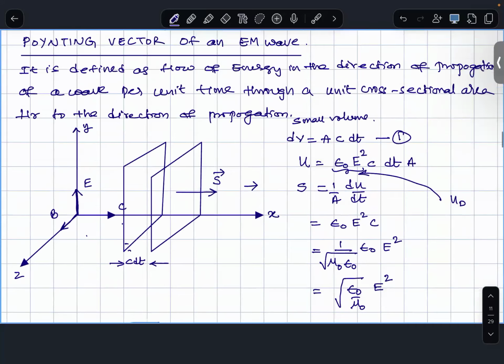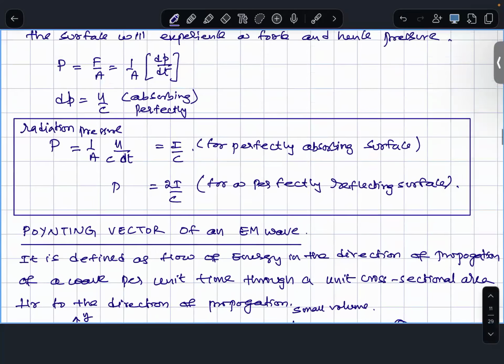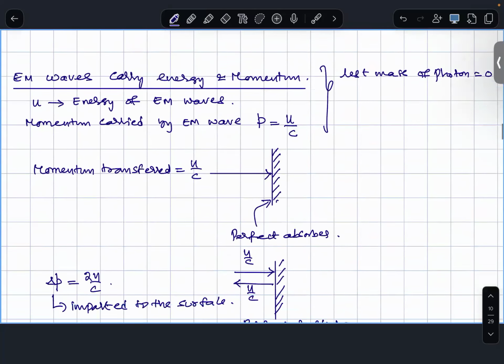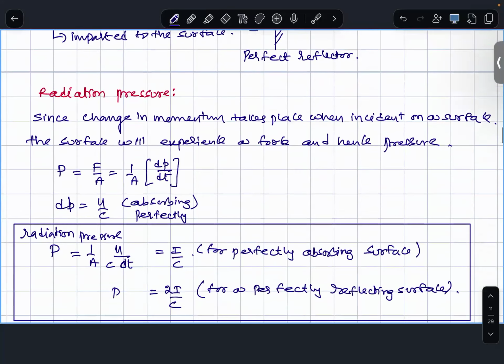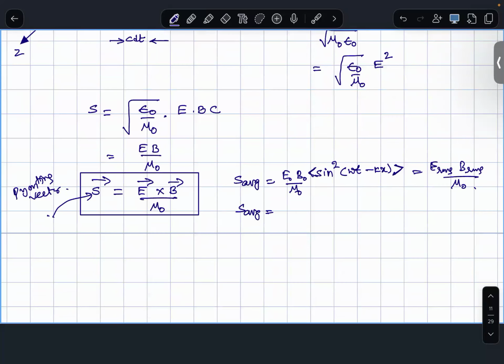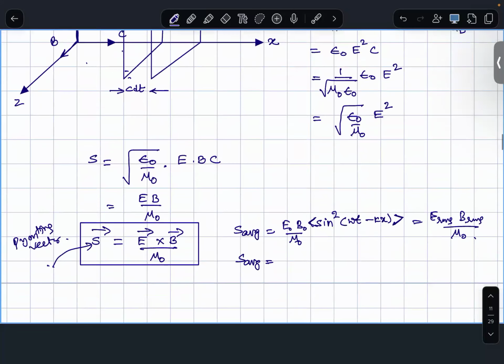What is the intensity? We have written intensity somewhere here: epsilon naught E RMS square C. Okay, hold on. So S average is nothing but, using this relation again, epsilon naught E RMS square C, which is nothing but intensity.